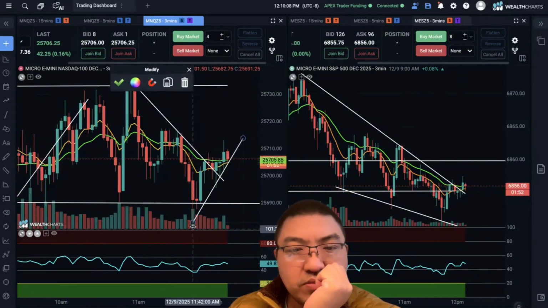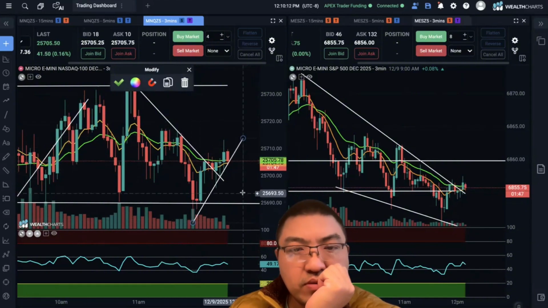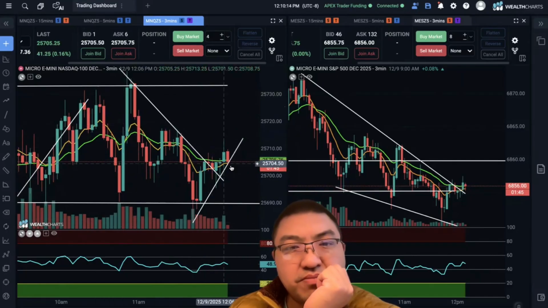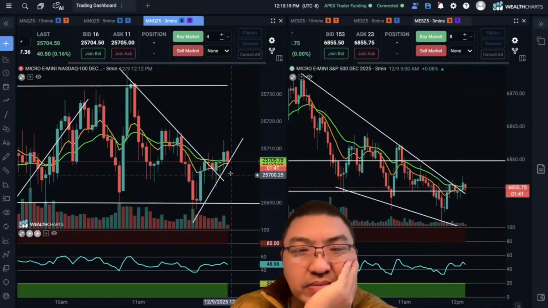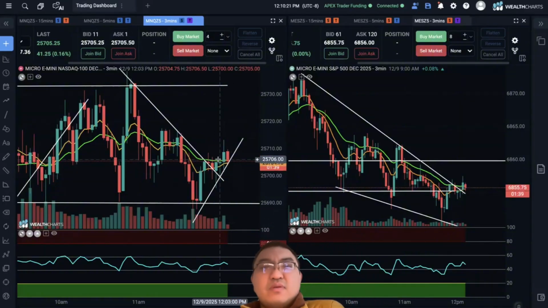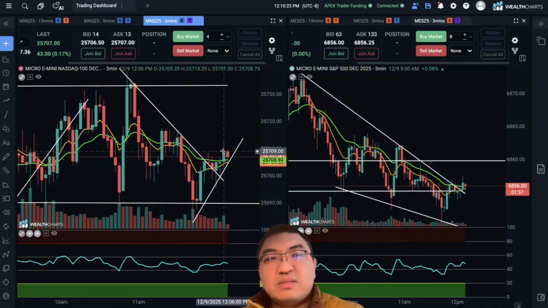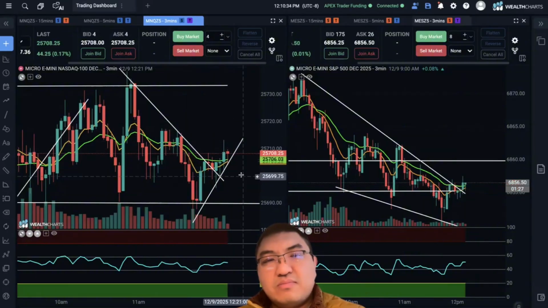So this line should be something like this. At this time, it's still a downtrend. So if it exceeds this line, it will probably go short again. But because there's no obvious breakout and consolidation, it should break at least here and close, and there's a retest.